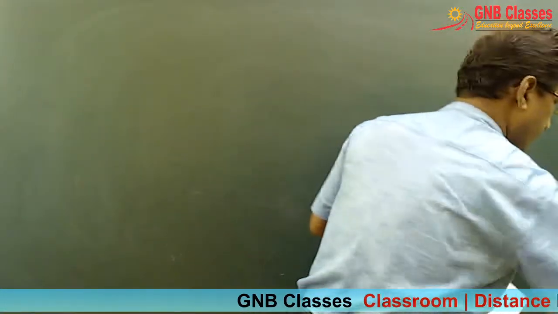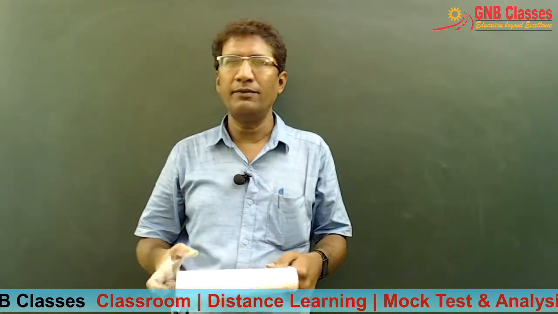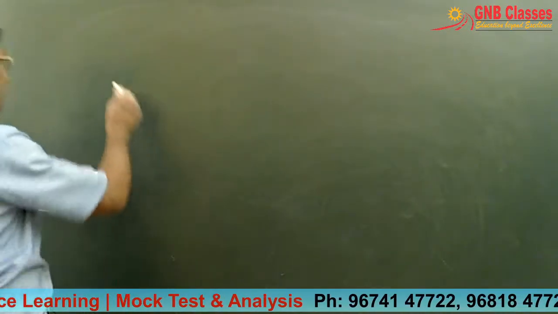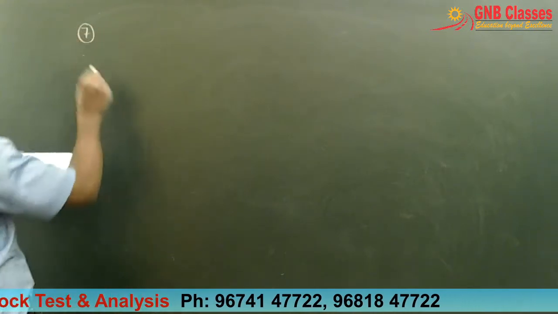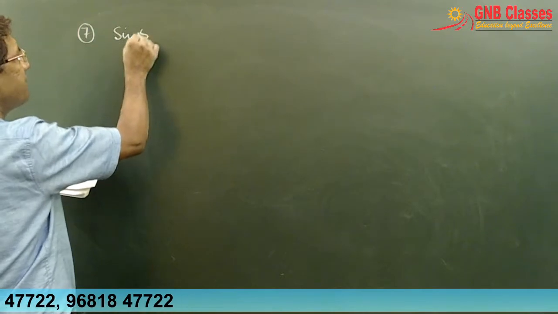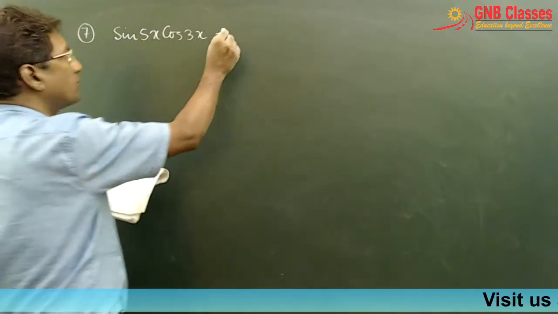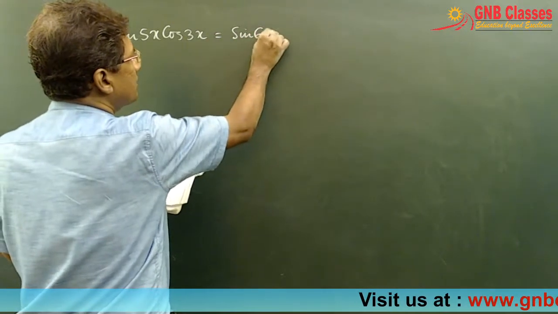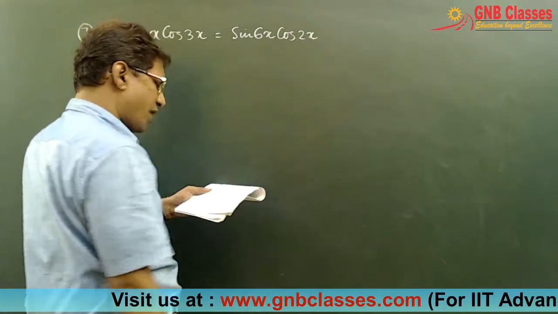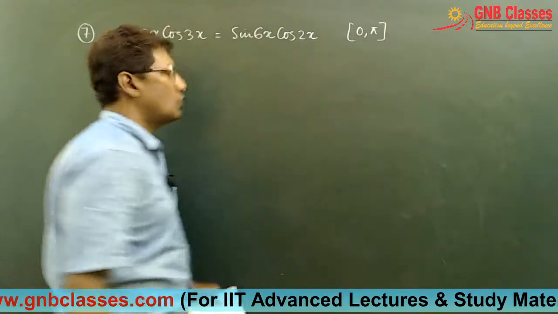Write it down. The number of solutions of the equation sin 5x cos 3x equals sin 6x cos 2x in the interval 0 to pi.